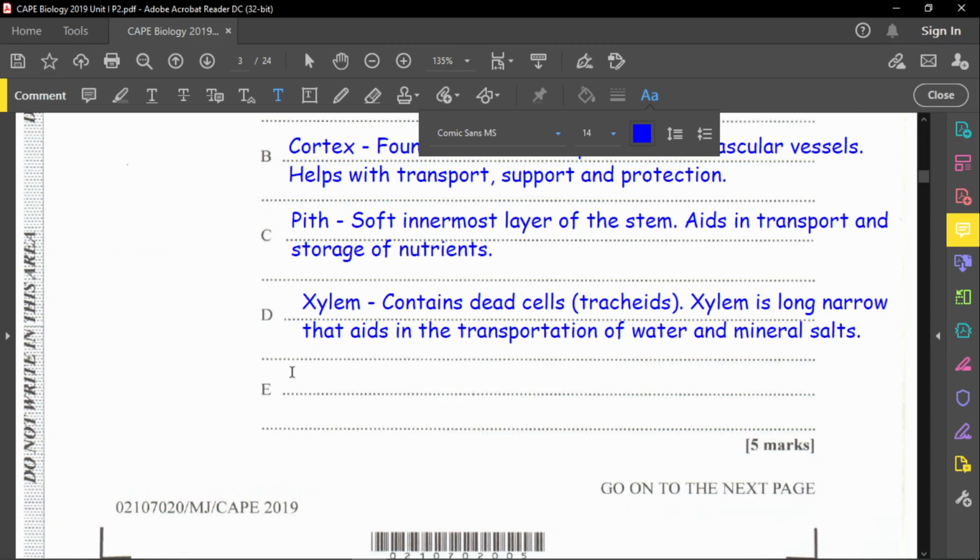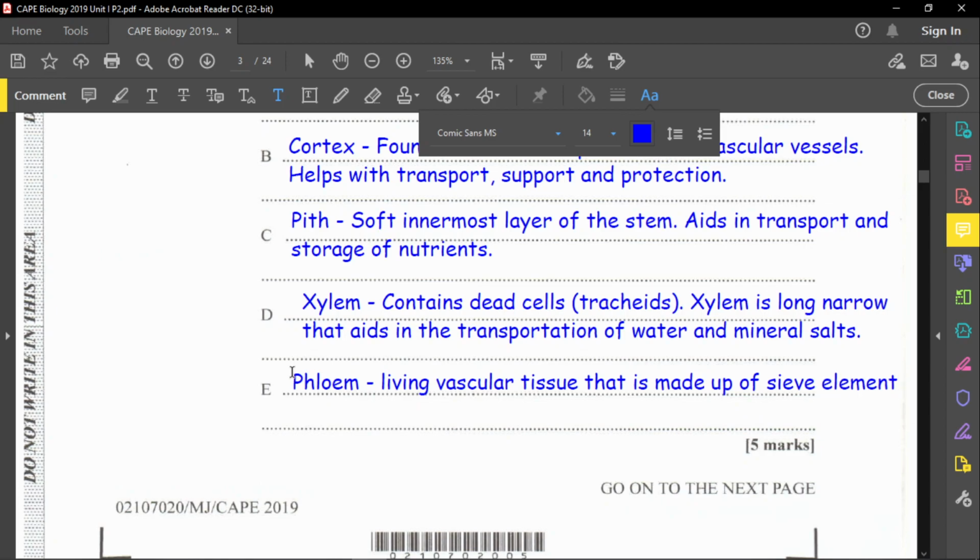So the phloem is a living vascular tissue, made up of many different cells, such as we talked about in the diagram that I drew earlier, such as the sieve tube, or the sieve element.